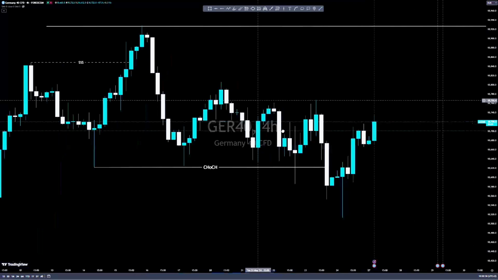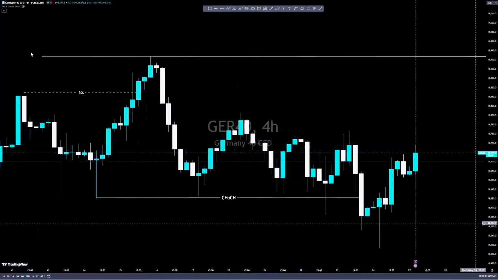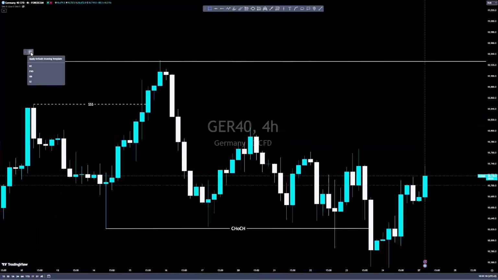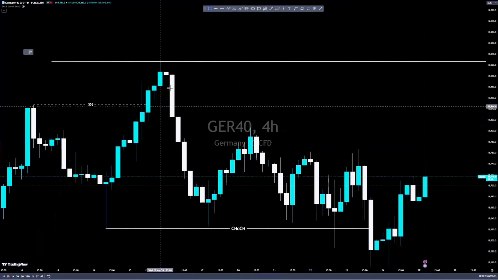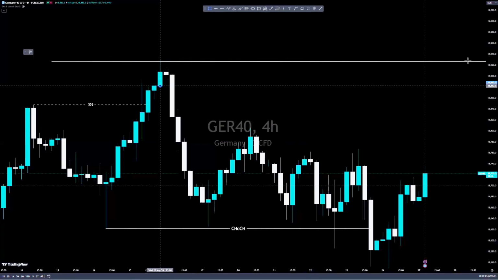You understand, right? So now we're going to look for an order block here. An order block is the last buying candle at this point. Since you're looking for sells, it's the last buying candle at this point. So we mark it from its opening price or its low up until its high.